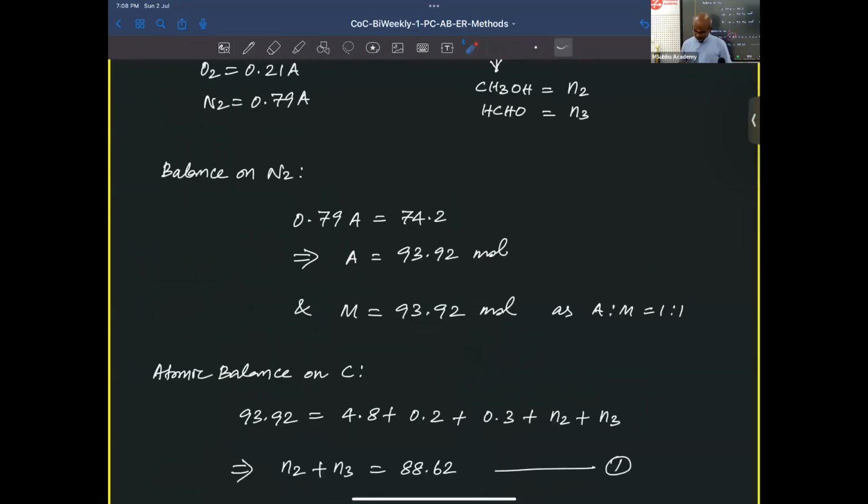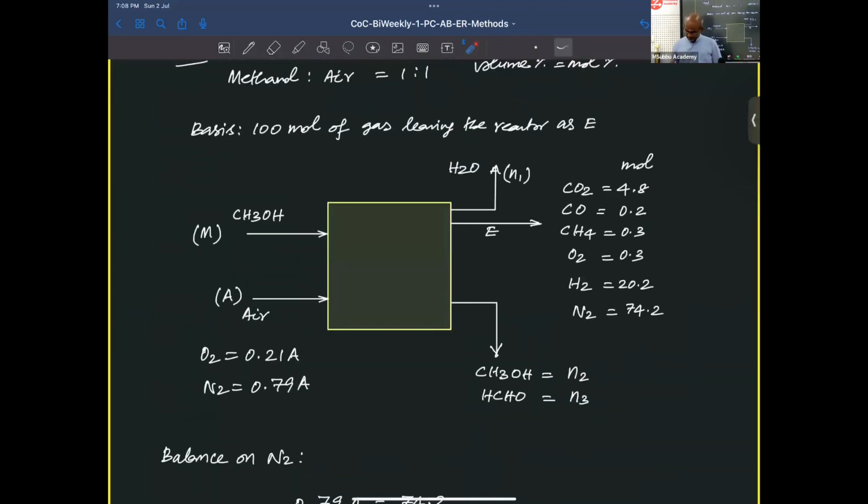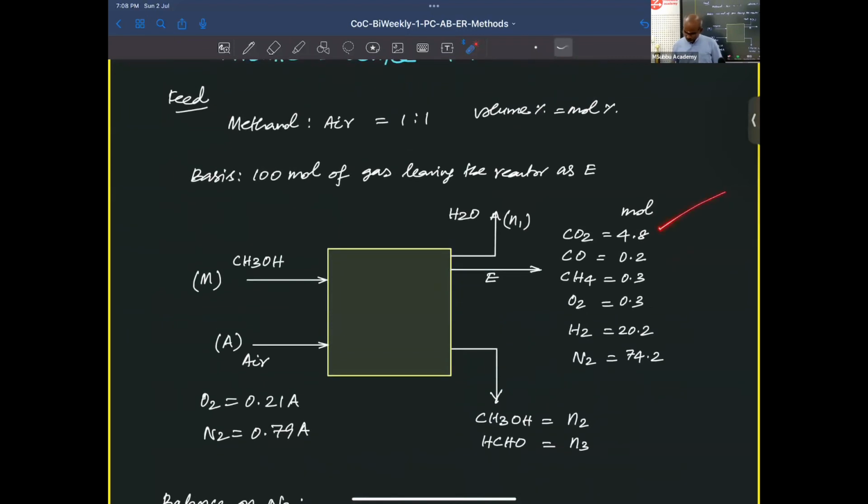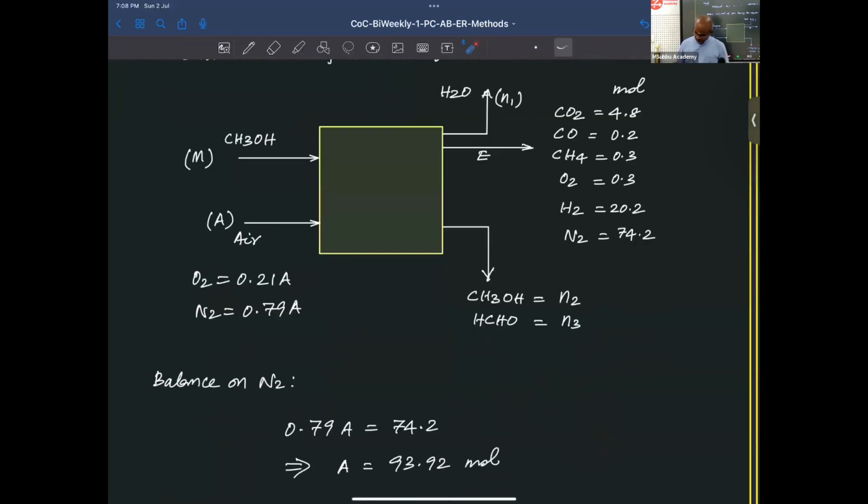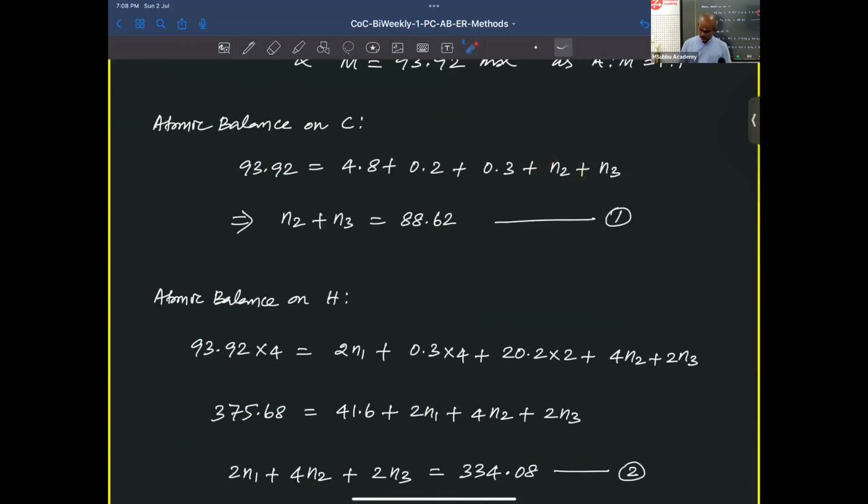And this C is leaving in CO2, which is 4.8, CO is 0.2 directly, and CH4 is 0.3, because one methane has only one carbon. So 0.3 carbon, and the others do not have any. And here N2 into 1 and N3 into 1. So now the balance on C is available, from which we have an equation.